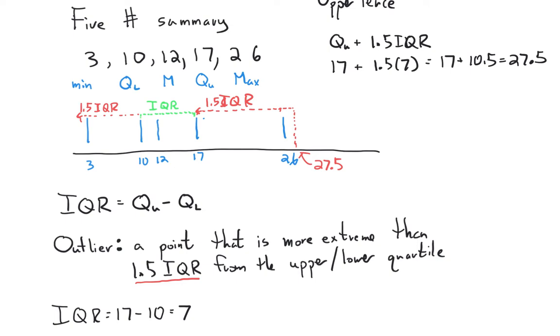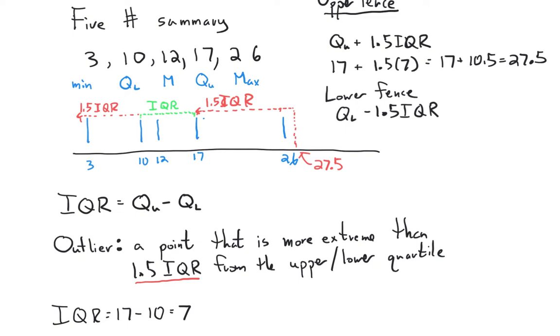Let's do our lower fence now. So that was our upper fence. Our lower fence is going to be the lower quartile minus 1.5 IQRs. Remember, we're going 1.5 IQRs past the upper or lower quartile, so less than the lower quartile and more than the upper quartile.